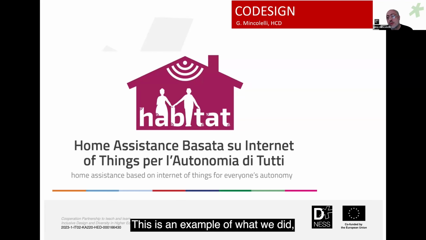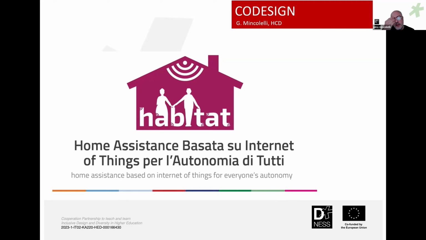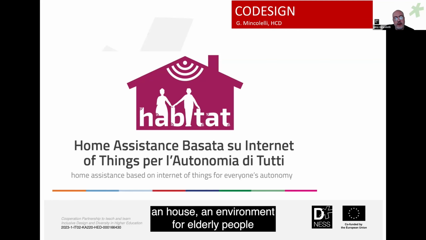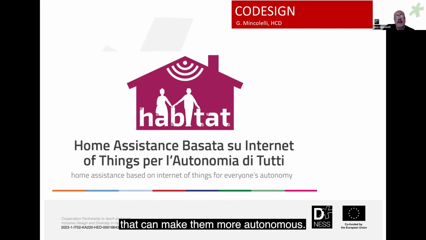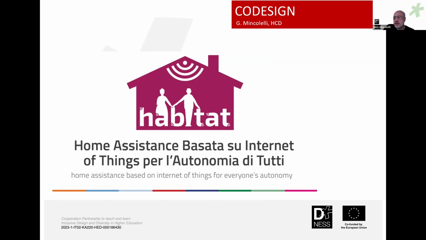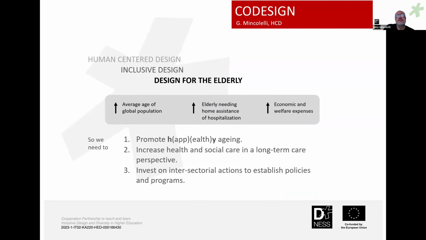This is an example of what we did during a European funded project about the autonomy of elderly people, creating a house environment that can make them more autonomous by themselves.